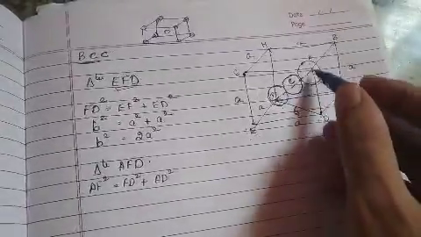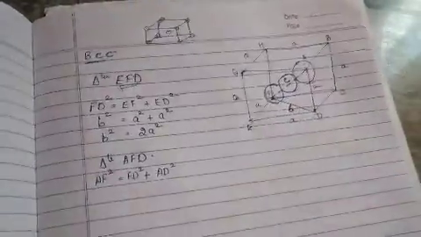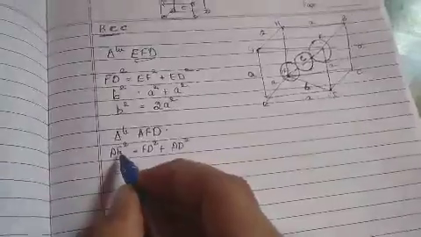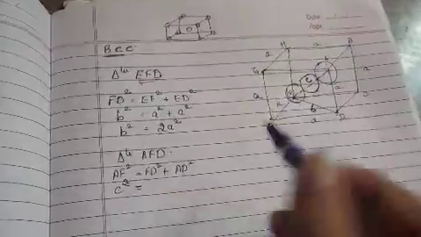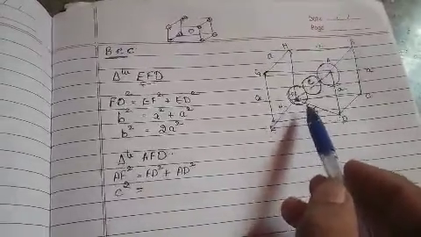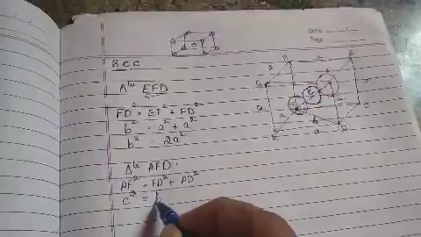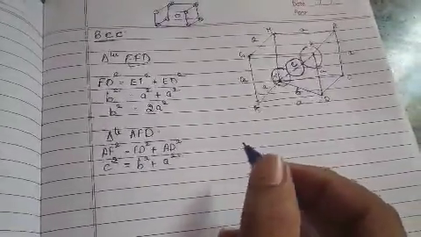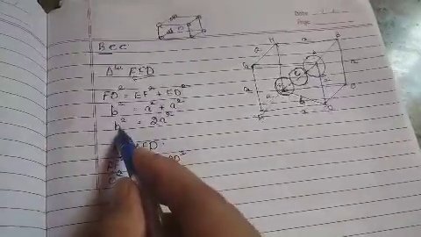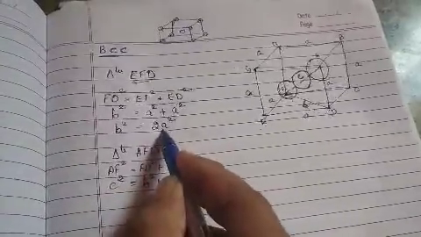Of course, this length AD is also equal to a itself. So AF square, which is equal to c square, is equal to FD square, that is b square, plus AD square, that is a square. We know from the previous part that b square is equal to 2a square.